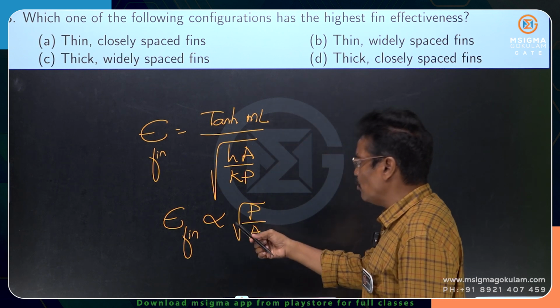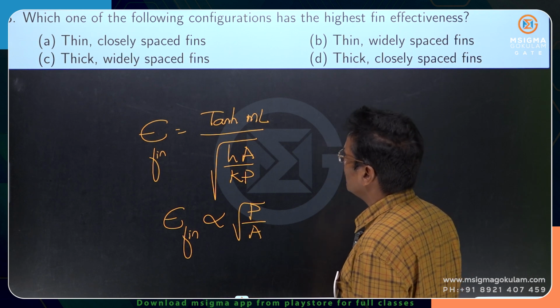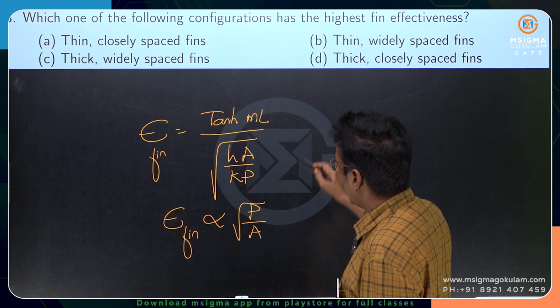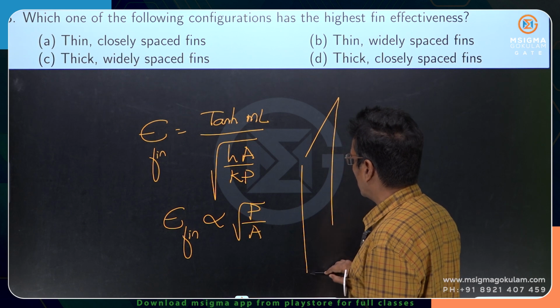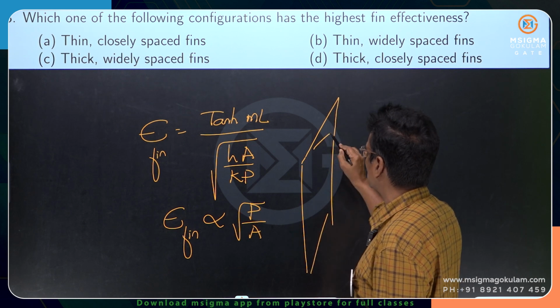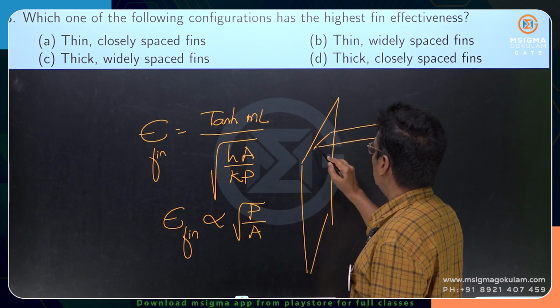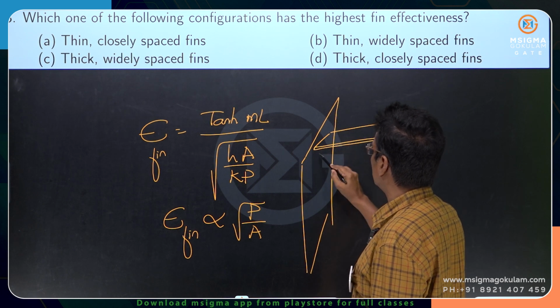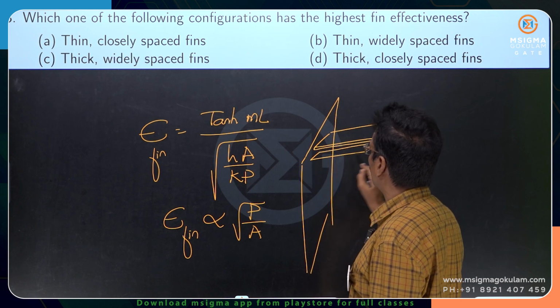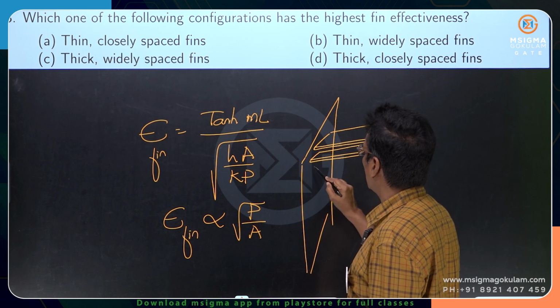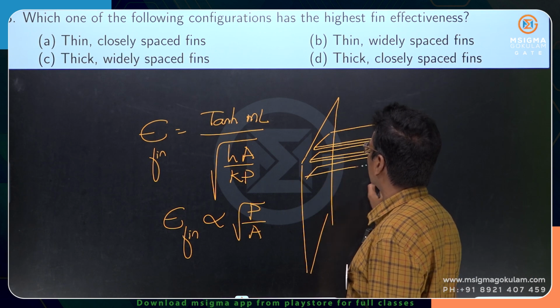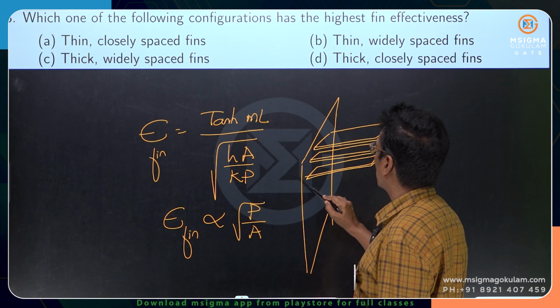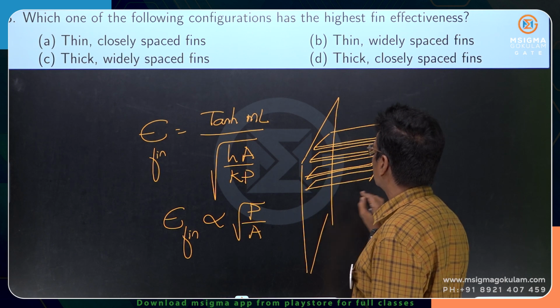To have more effectiveness of the fin, it should be a thin fin and closely spaced fins like this. I already gave this information earlier also. Fins must be very thin, and closely spaced. Why closely spaced? To accommodate a good number of fins, like 50 fins or 40 fins.